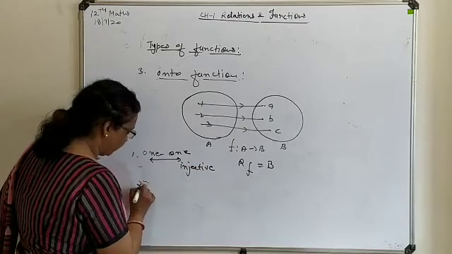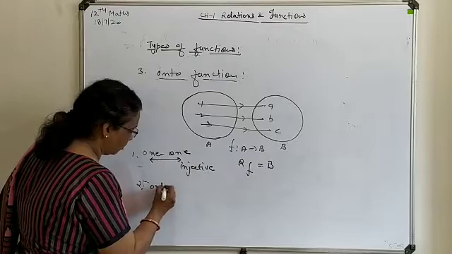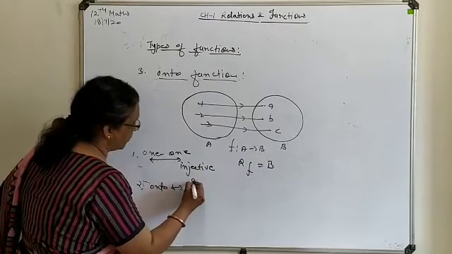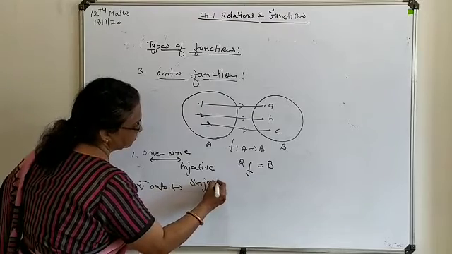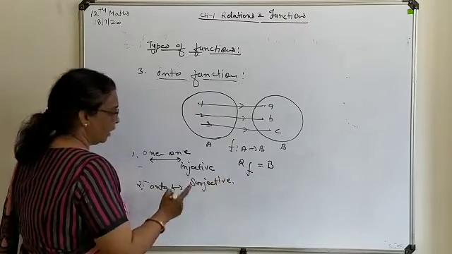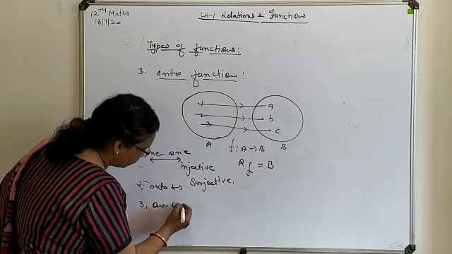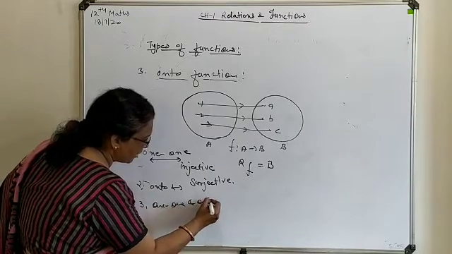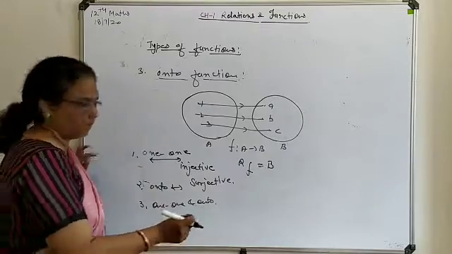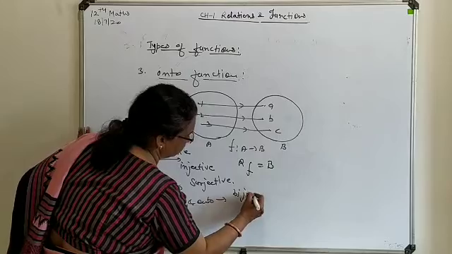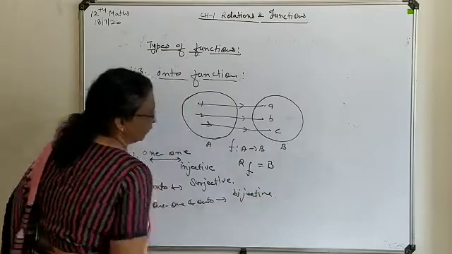Second, if your function is onto only, then it is considered surjective. If your function is one-one and onto simultaneously, both taking place, it is called bijective, meaning both together.